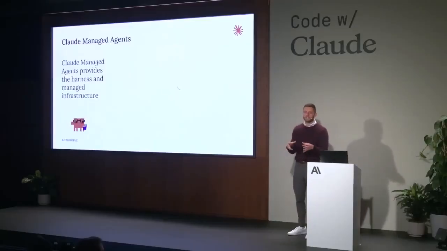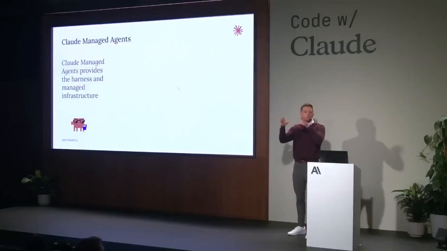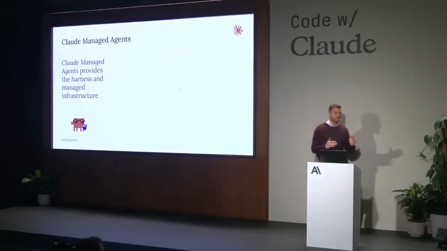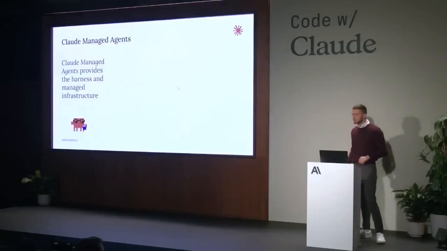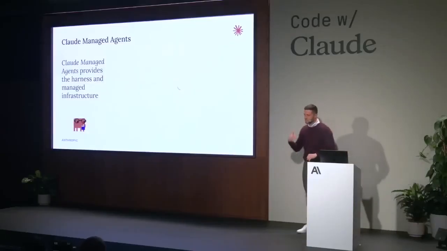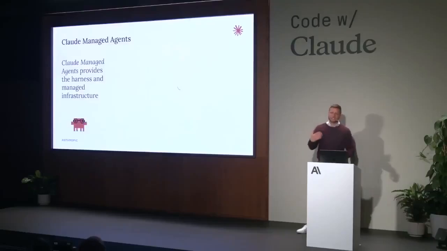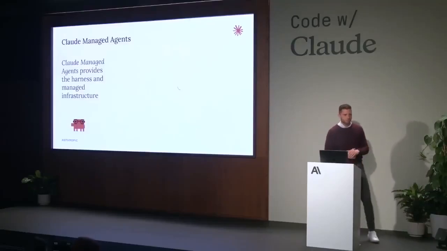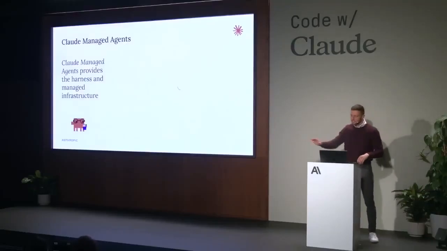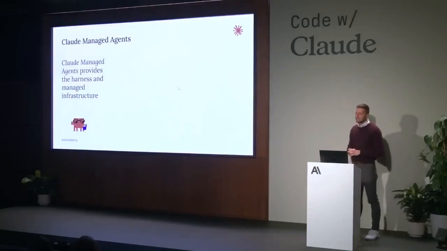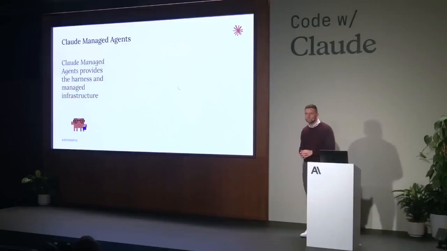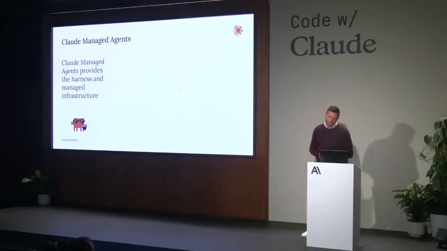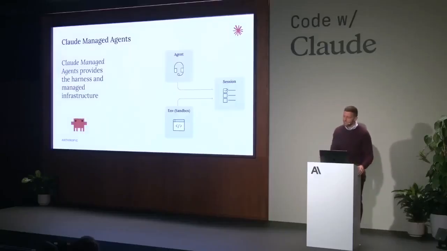But the moment that I need to take that agent, host it remotely, and allow hundreds and thousands of users to engage with that agent at the same time, there's an infrastructure problem, there's a scaling problem, there's memory, there's security, there's so much that I have to account for. So in order to offload that, so I can just worry about the architecture of my agent itself and make decisions around tools, skills, and sub-agents, I'm going to offload everything else to Claude Managed Agents.